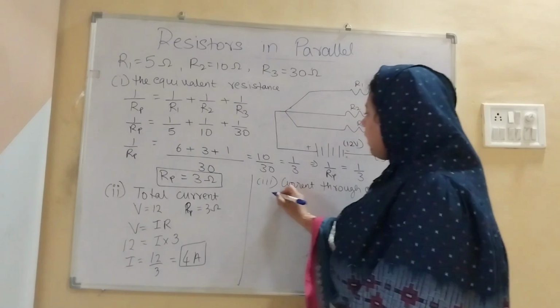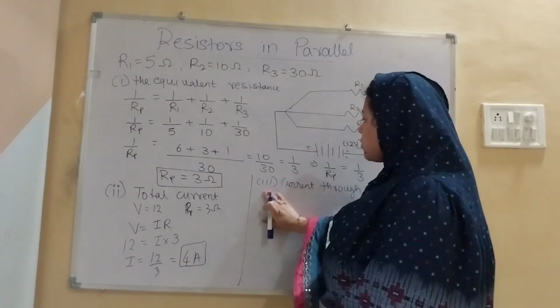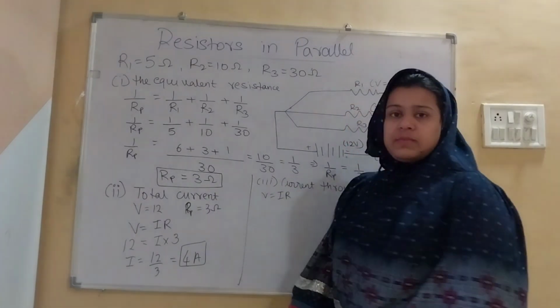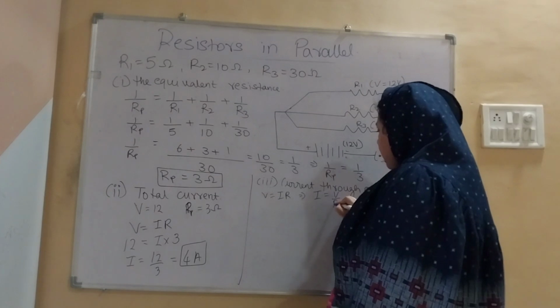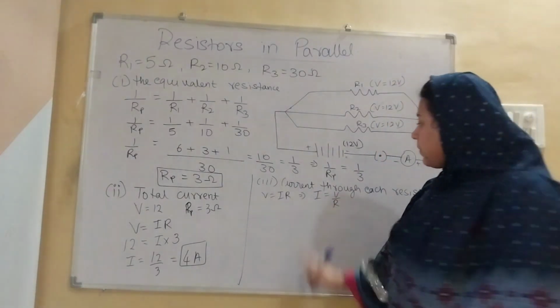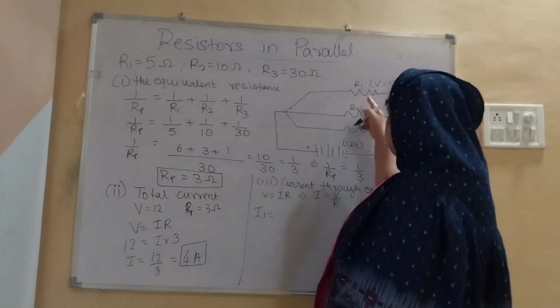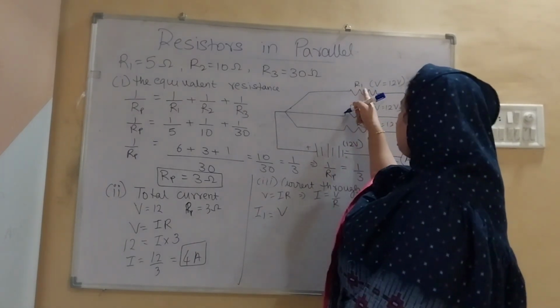Okay. If we have to find I1, Ohm's law, V equals IR. Okay. So I equals V upon R. We have to find I1. What will I1 be? For the first resistor, what is the potential difference? V. And what is R? R1.